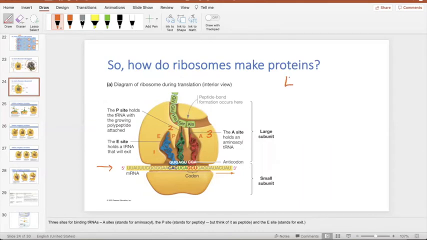One is called the E site, one is called the P site, and one is called, oops, I don't know why I wrote S, one is called the A site, okay? E stands for exit. P stands for peptidyl. Remember that the kind of bonds that we make when we make a protein are called peptide bonds. So that's where that name comes from.